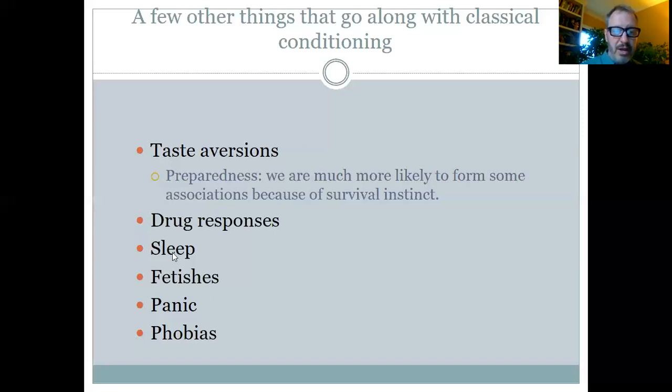Sleep is another area where classical conditioning happens. You know from the lecture in chapter 3 or 4 that when it starts to get dark, the suprachiasmatic nucleus tells the pineal gland to release melatonin, a hormone, to get drowsy.